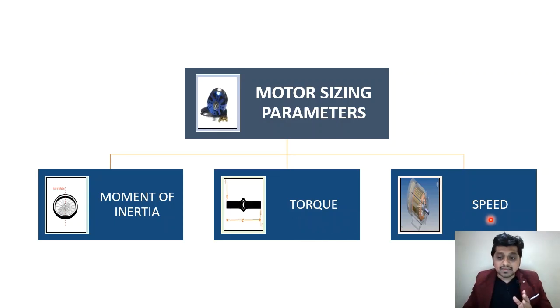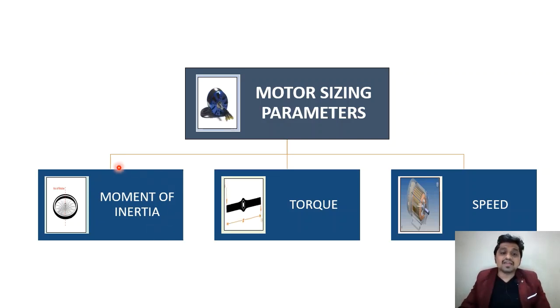Most of the time we neglect the moment of inertia, we just focus on speed-torque relations, and sometimes it creates problems, because we have to check the moment of inertia ratio which is mentioned in the motor catalog. We have some load which is rotating, so it has its moment of inertia. Whether the motor can take this moment of inertia or not is required to be checked. So these three parameters are important.